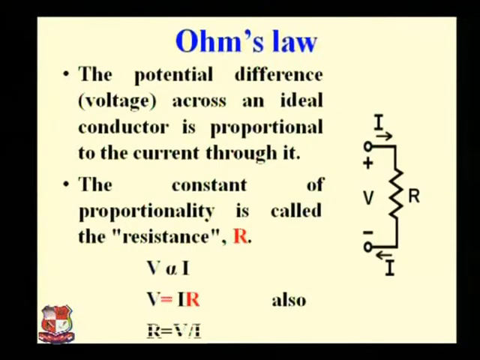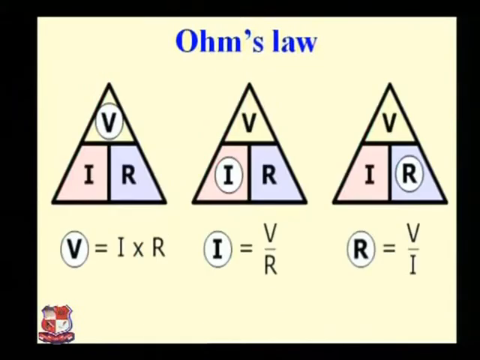It is also written in the form R equal to V divided by I. Ohm's law gives the relation between the 3 parameters: voltage, current and resistance. So if any 2 parameters are known, then we can find out the other parameter.